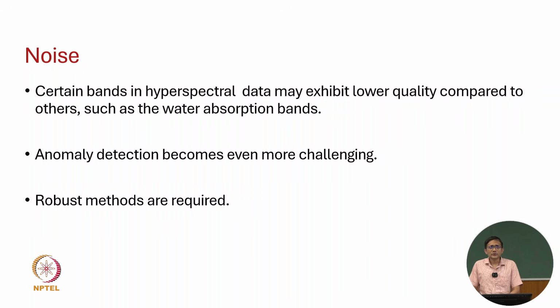Thus, due to this band-to-band variation in quality, anomaly detection becomes even more challenging in the case of hyperspectral images. And this necessitates the use of robust methods for hyperspectral anomaly detection.